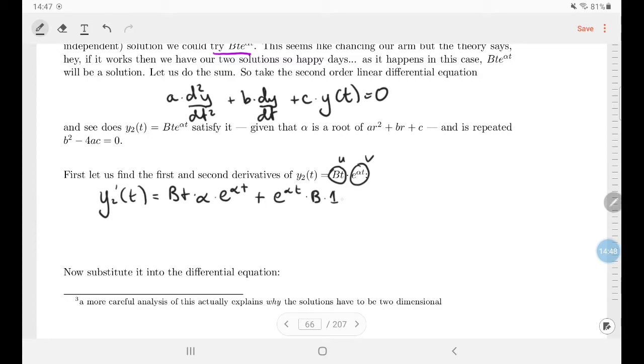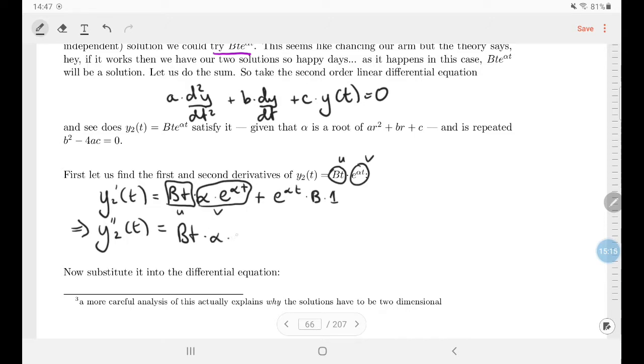Okay, and now we're going to differentiate a second time. We can tidy this up, but it doesn't really matter. I'm going to take this to be u, this to be v, so I need a second product rule here. This is easier because it's just a constant times e to the alpha t. So the second derivative is a uv on this one. So u is bt times the derivative of the second thing.